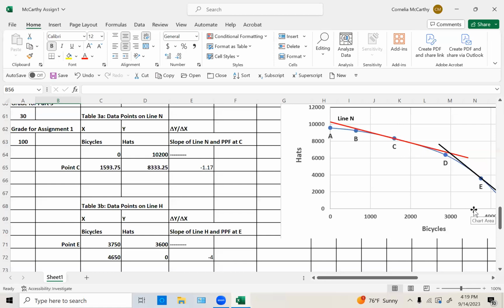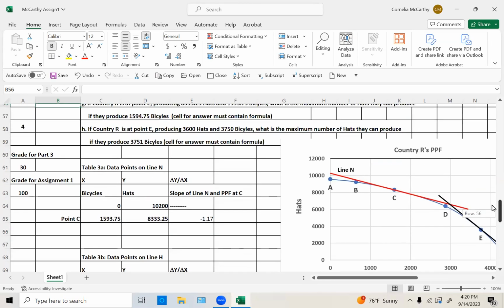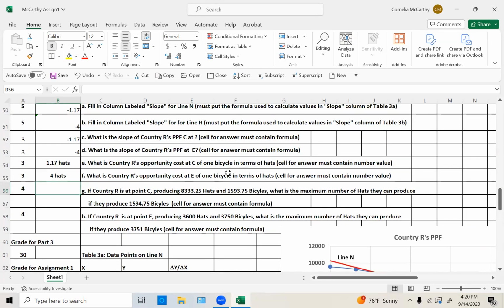So we've increased the production of bicycles, but to do it from one more unit at this point, we have to give up 4 hats, whereas one more unit of bicycles at this point only means we have to give up 1.17 hats. So the number of hats you have to give up has increased as the number of bicycles we increase. But the number that we're talking about here is per one bicycle. So the rate of change is the same.